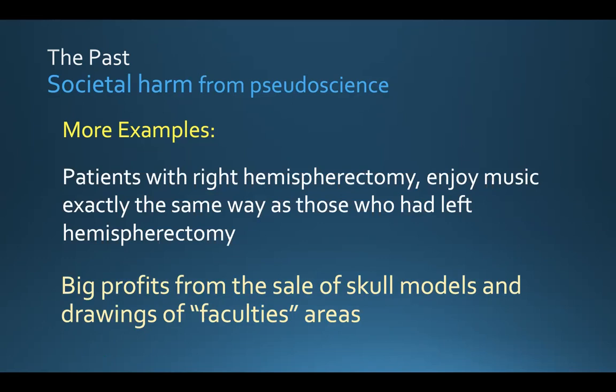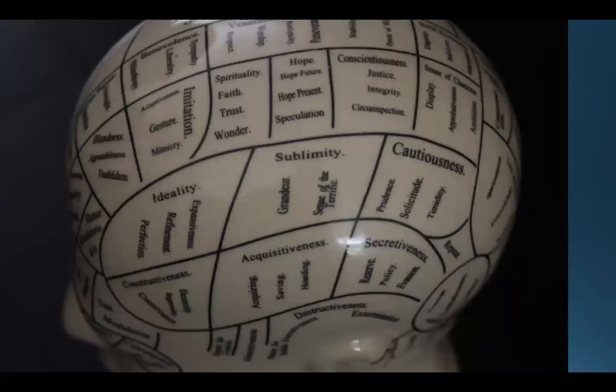And the same for the drawings of the heads, marking the areas for the different core faculties. So you can know where honesty, integrity, or lying, or hope is, so you can check people that come to visit you at home. And they made a lot of money from that. So here are some of the areas I like: hope, conscientiousness, and so on.